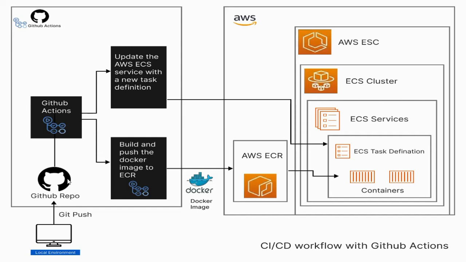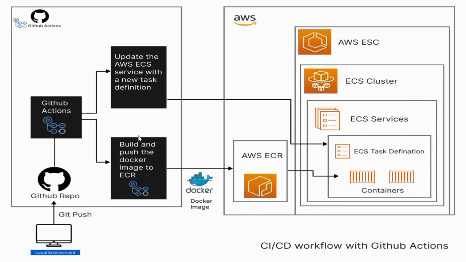Node.js project, and in this repository we'll create a workflow file which will build and push the Docker image to Amazon Elastic Container Registry with the latest commit ID. And then after the image is created there, we will update the AWS ECS service with a new task definition.